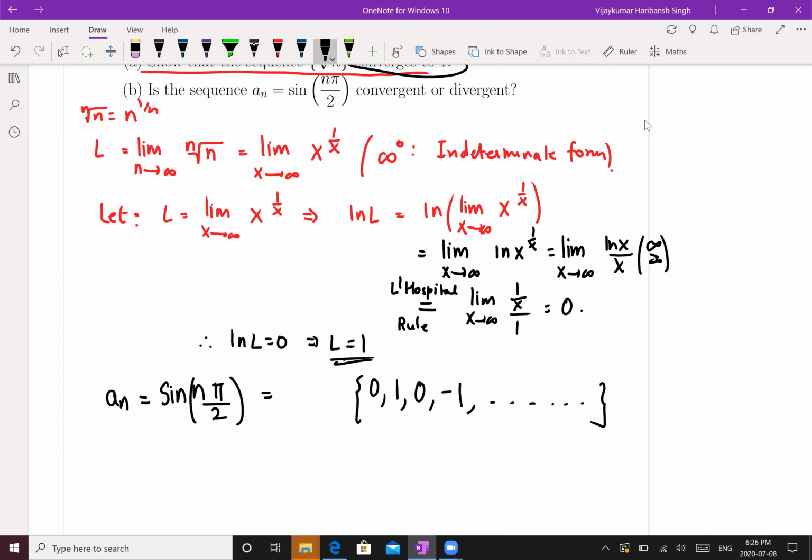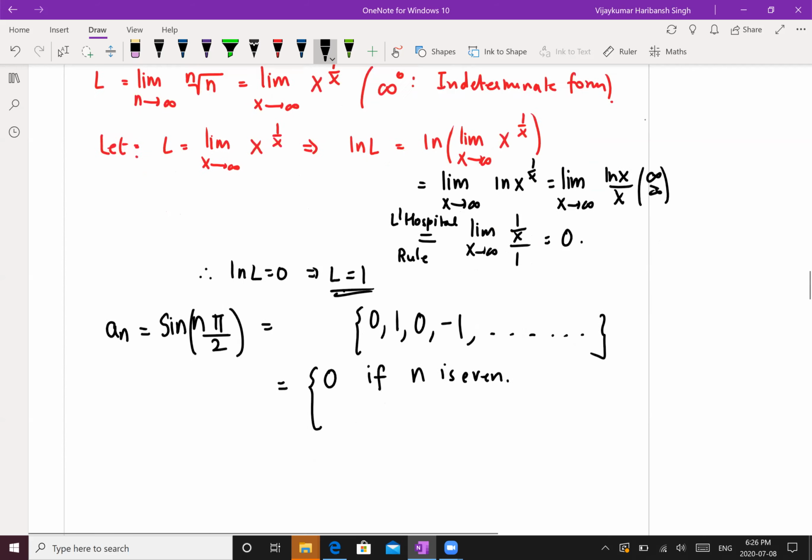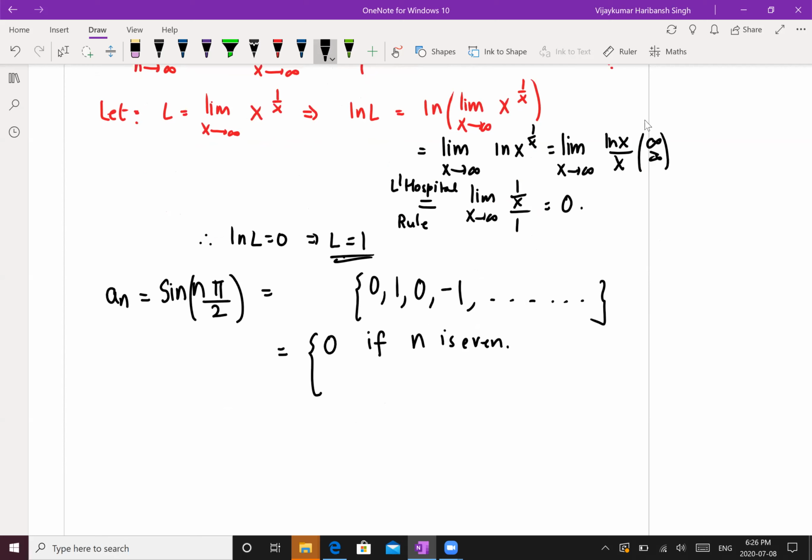So this is the same as 0 if n is even. And if n is odd, there are two different kinds of odd. It depends on whether n is of the form 4k plus 1, or n is of the form 4k plus 3.